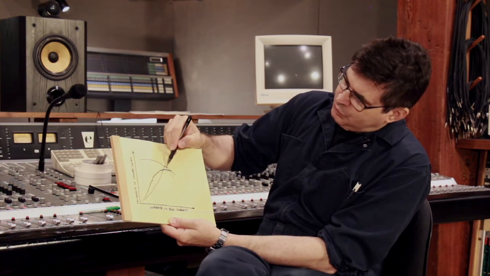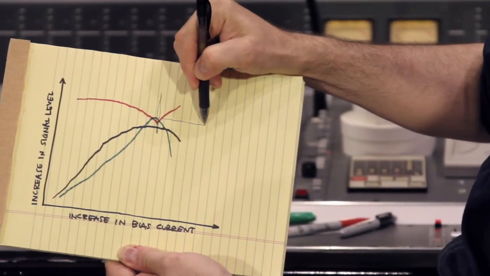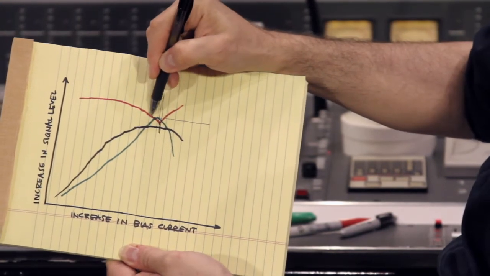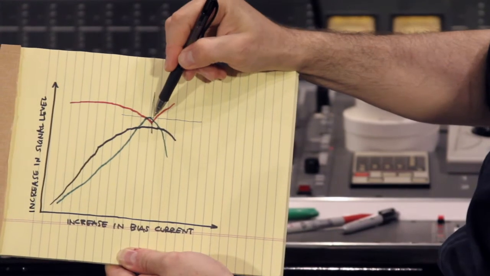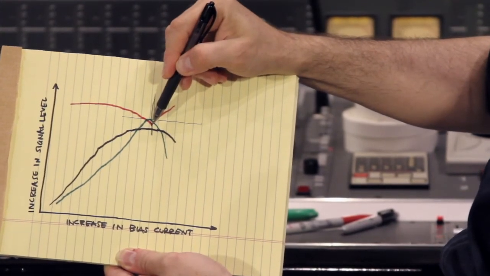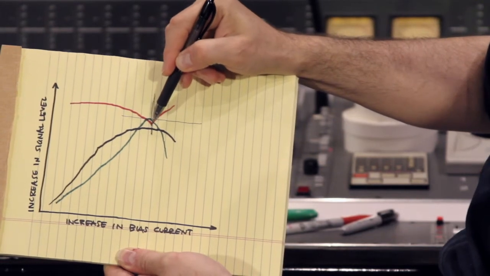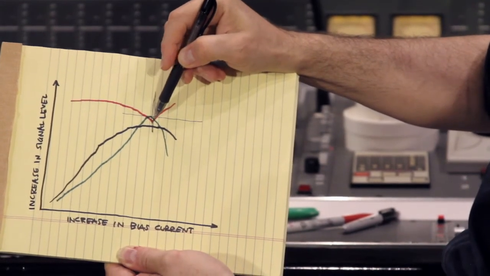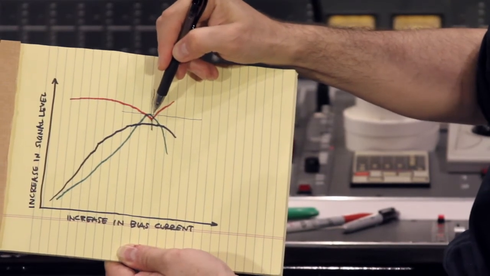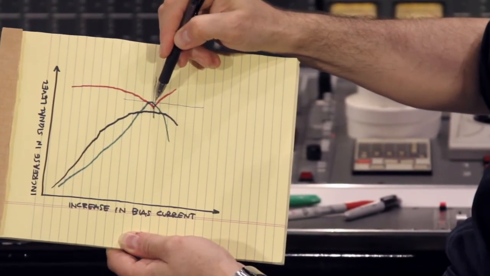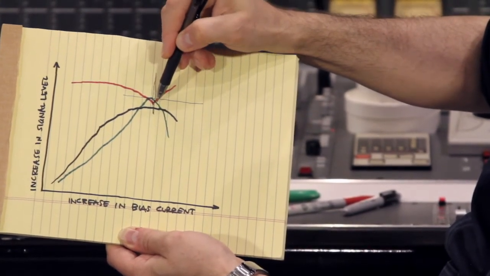So if you find this bias point, and then find this point, the point of minimum distortion, you will see that the point of minimum distortion is past the point of peak sensitivity of the high frequency response.